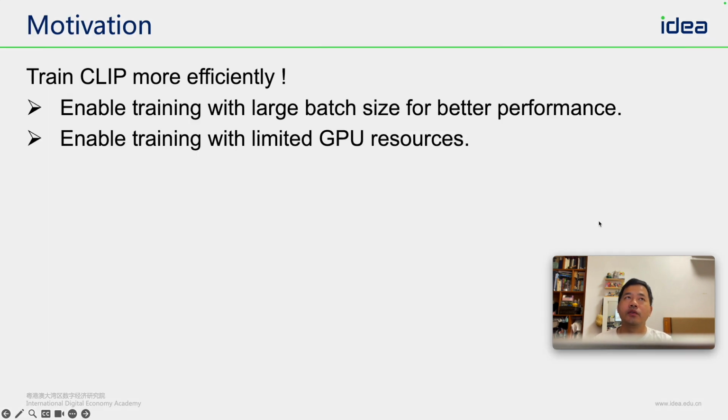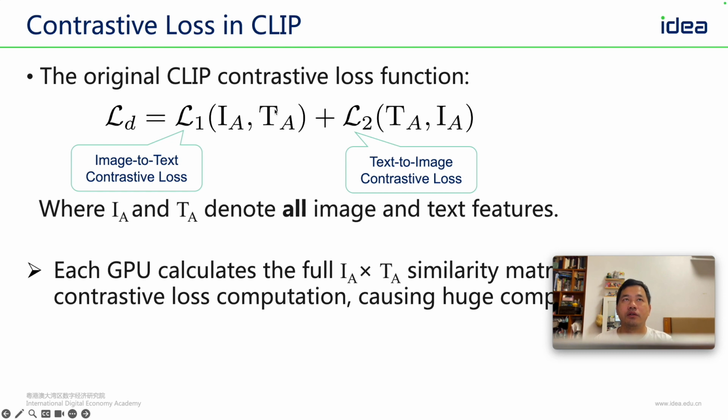So our motivation is very clear. We want to train CLIP more efficiently. We want to train CLIP with large batch size. We want to train CLIP with limited GPU resources. So first, let us review the contrastive loss in CLIP. CLIP is the contrastive language-image pre-trained model.